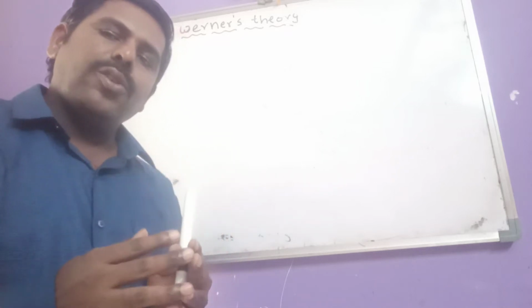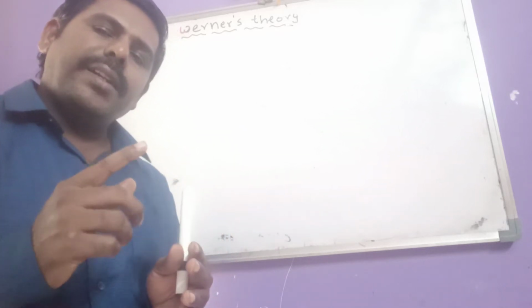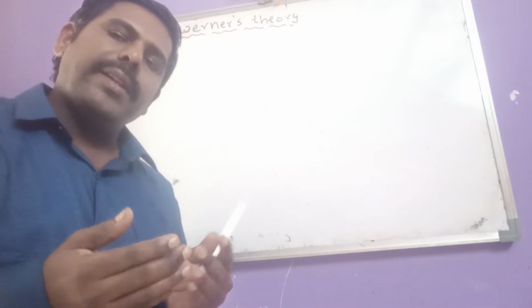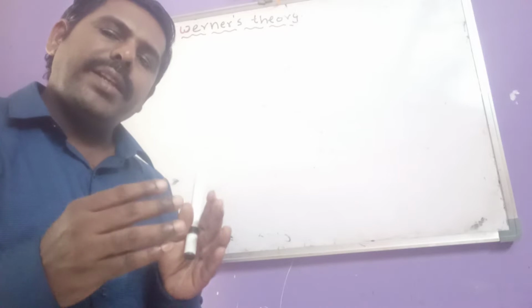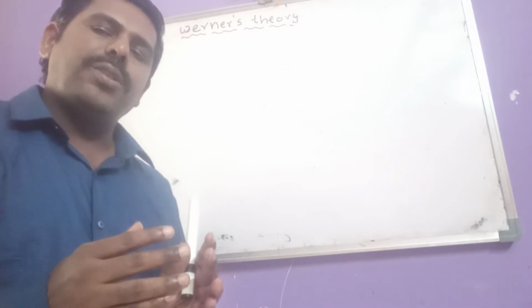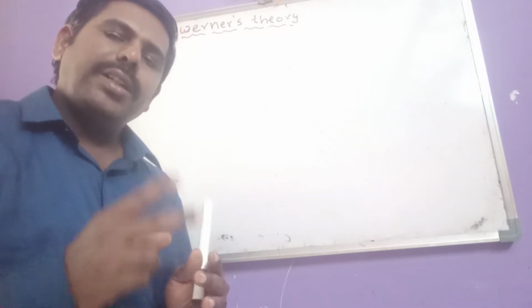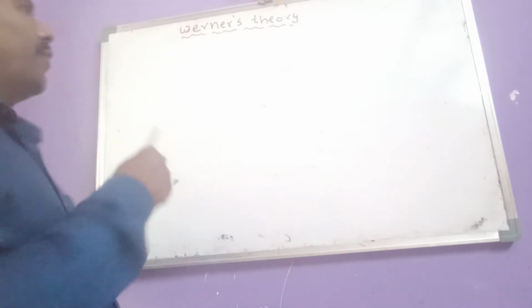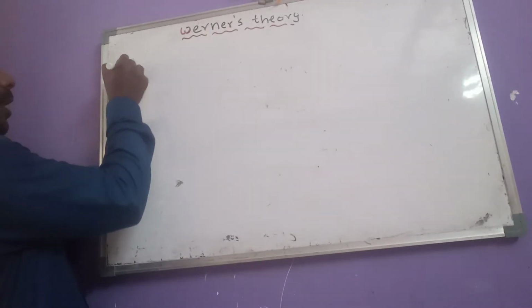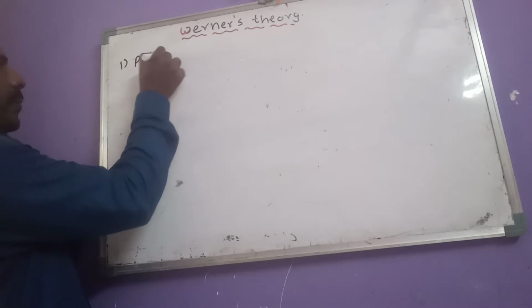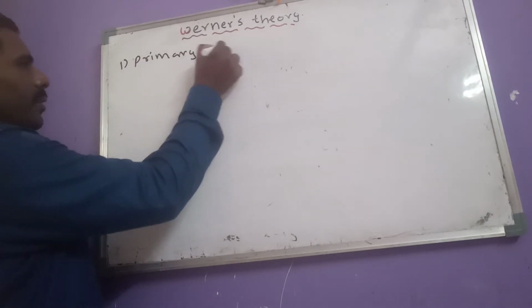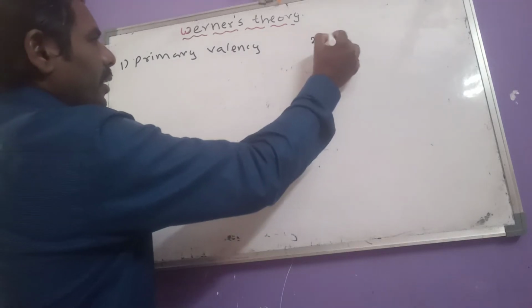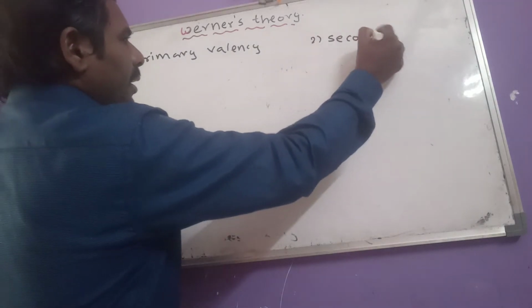So according to Werner, the central metal atom, or we can say central metal ion, present in complex compounds exhibits two different types of valencies. The first one is primary valency and the second one is secondary valency.